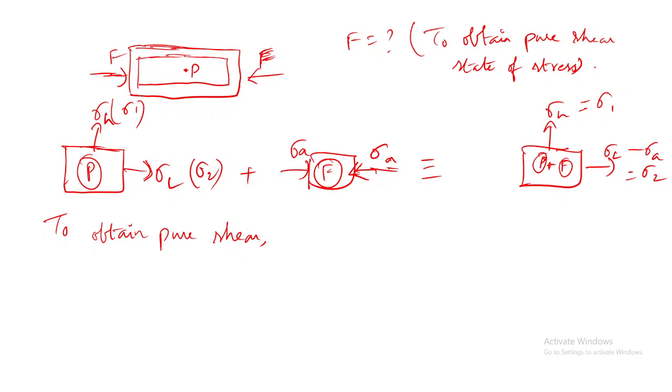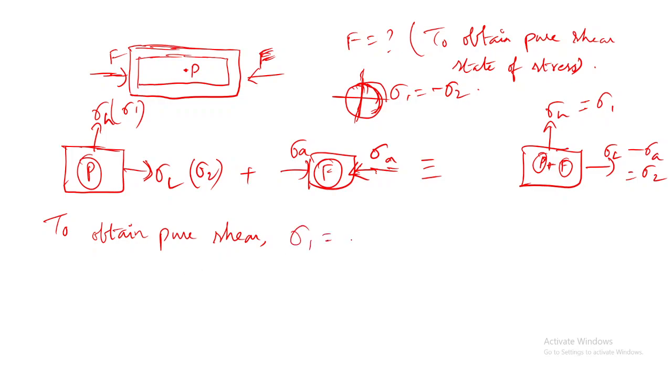For biaxial, you can say this is a biaxial case, right? So if you draw the Mohr circle, it should be pure shear. So sigma 1 equals sigma 2, but it should be minus of sigma 2. Correct or not?